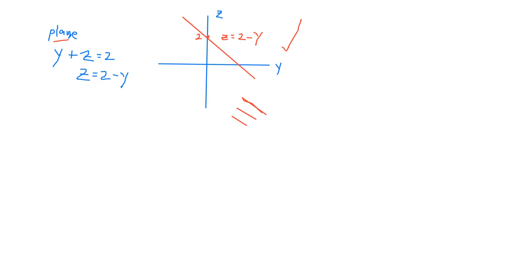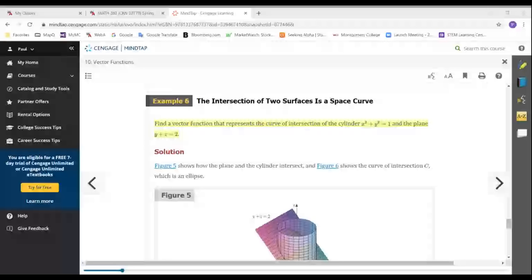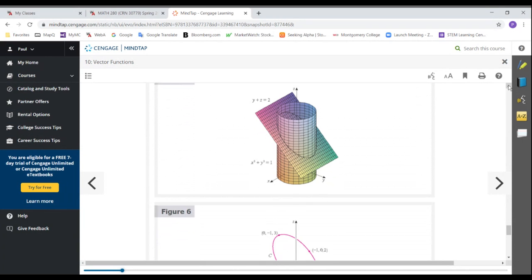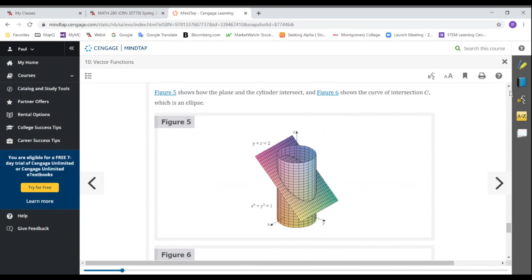And so when we go to the picture here in the ebook, does that picture in figure 5 make sense to you?